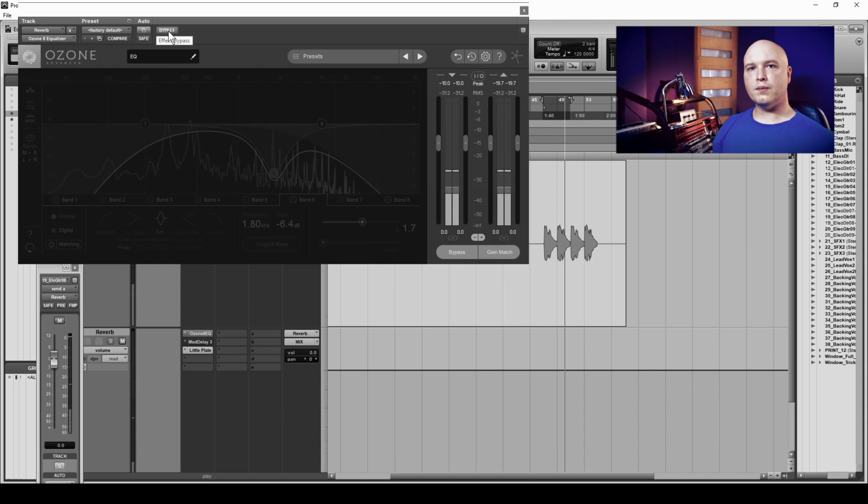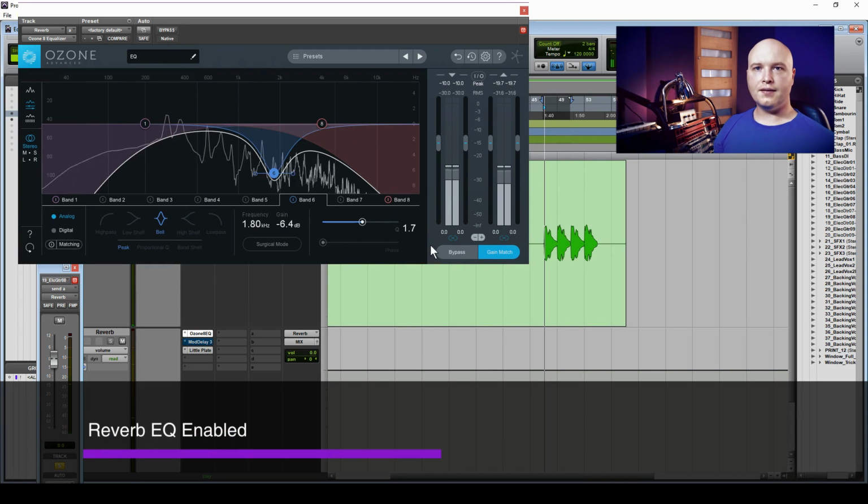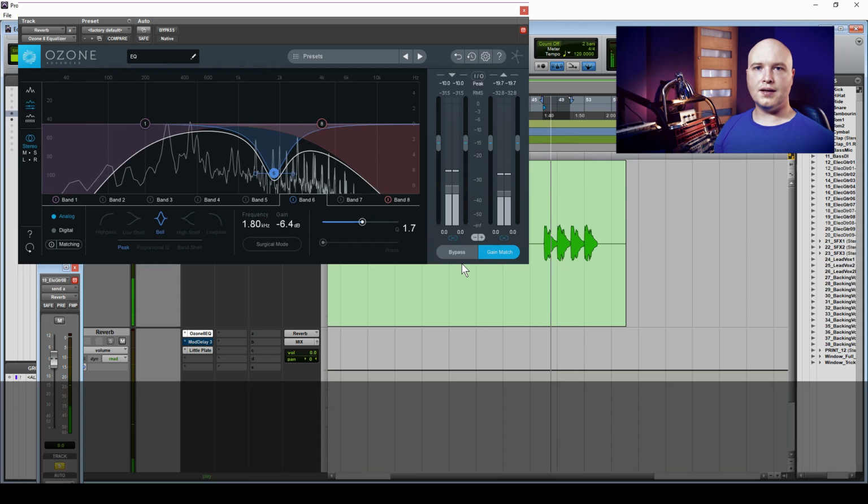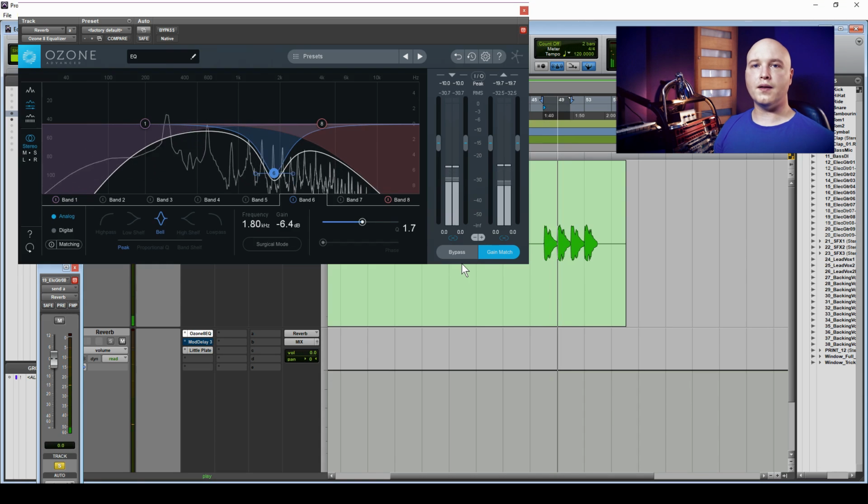The reverb is almost always going to sit quieter than the dry sound, but you can obviously accentuate this relationship further by attenuating the reverb more.